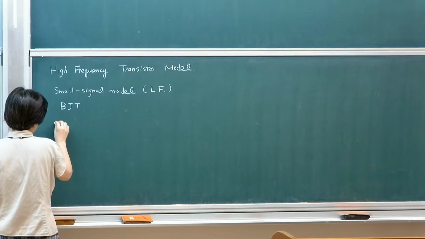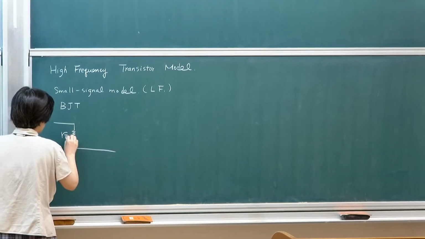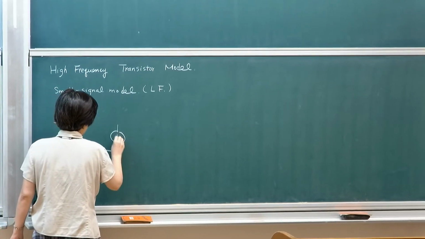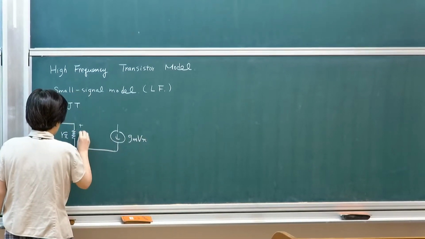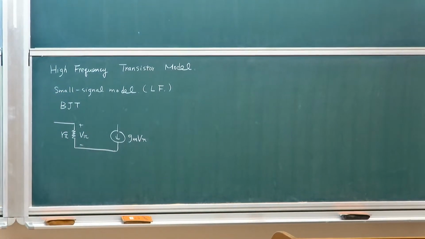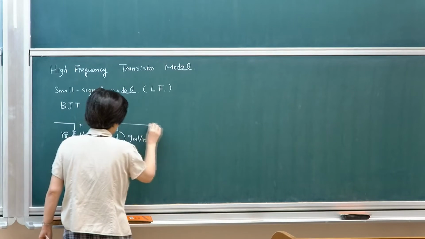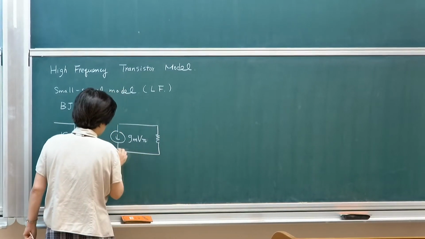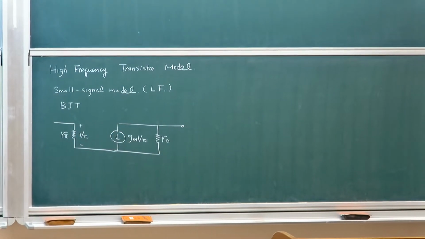For a bipolar junction transistor, you have an r pi, which describes the base current. We have a gm v pi, which allows us to characterize the effect of control, mostly VBE control, of collector current. And then you have an ro, which is the Early effect. Okay, so these are the low frequency small signal models where capacitive components are ignored at the beginning.